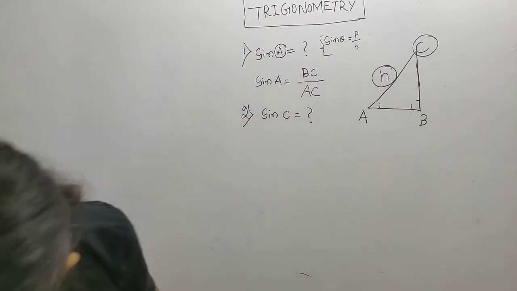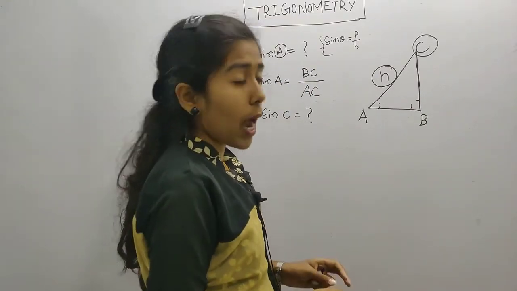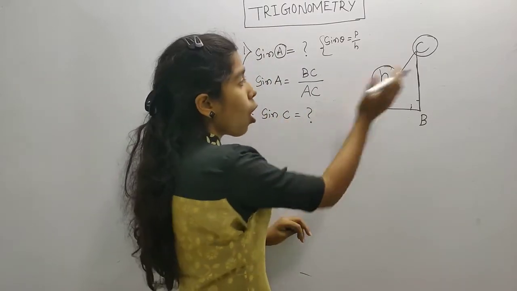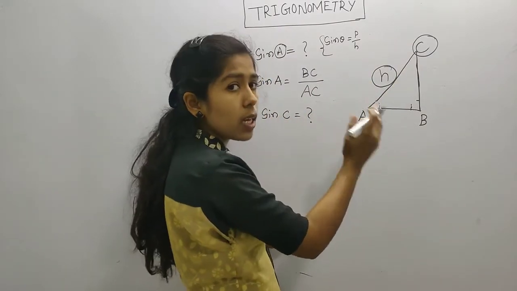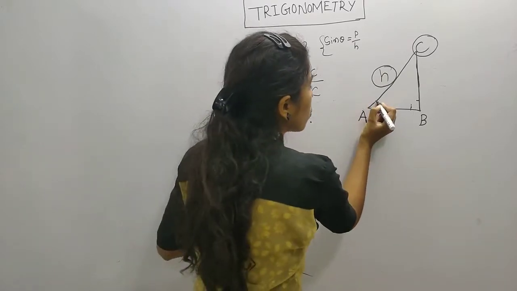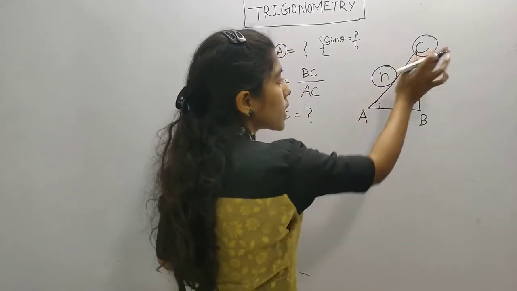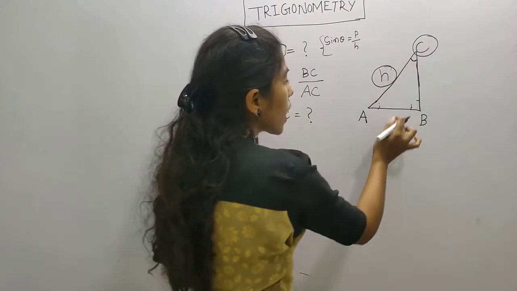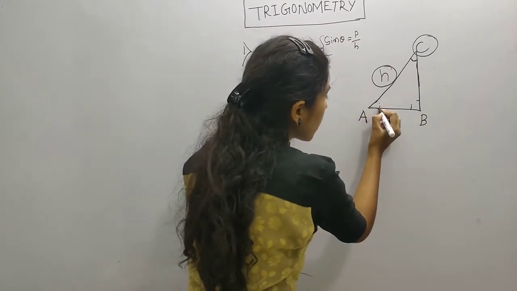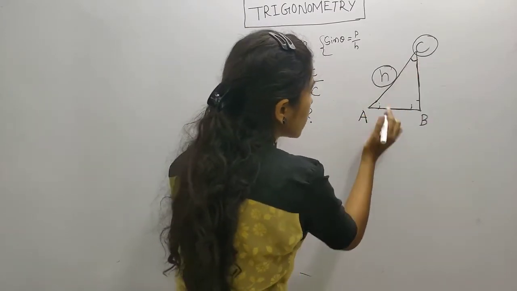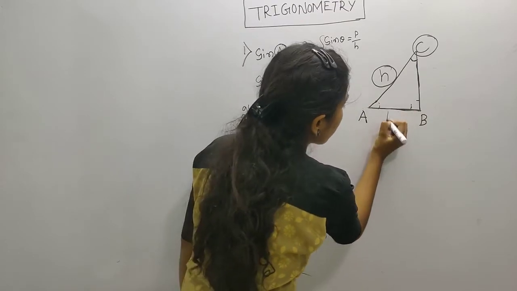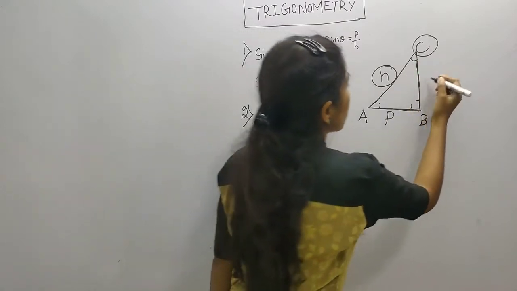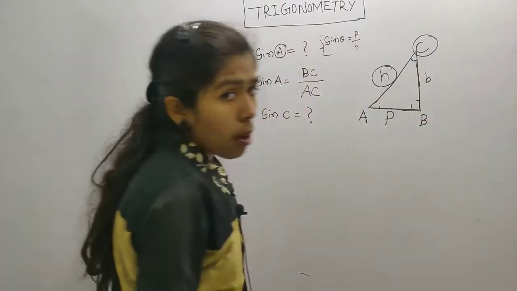Right? So, as I said, how do you identify the perpendicular side? Whichever angle is given in your question, the side opposite to that angle will be the perpendicular. So here angle C is given. The side opposite to angle C is which one? We can clearly see the side opposite to angle C is AB. So it will be the perpendicular, and this is the hypotenuse. So what is left? Base. So it will be the base.